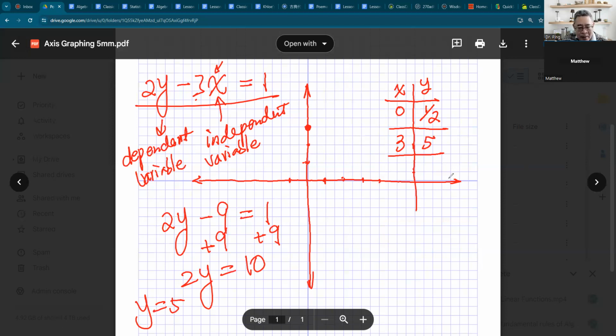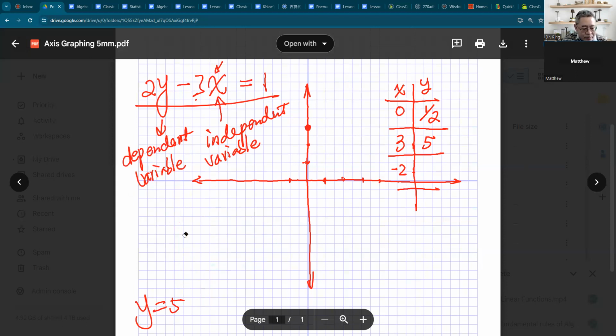So we're going to just pick another one. Doesn't matter what we pick. So if I pick -2, see what happens. Then I get 2y minus 3 times -2 equals 1.